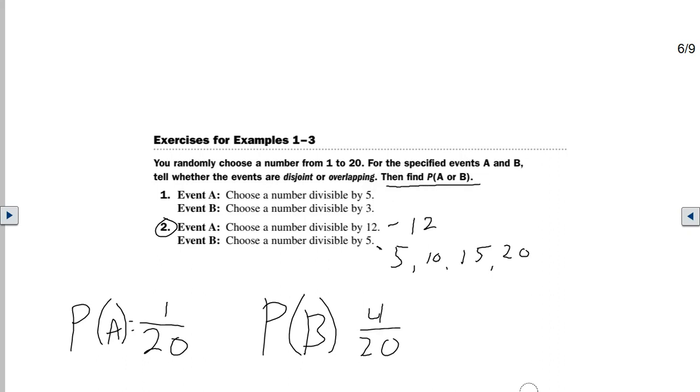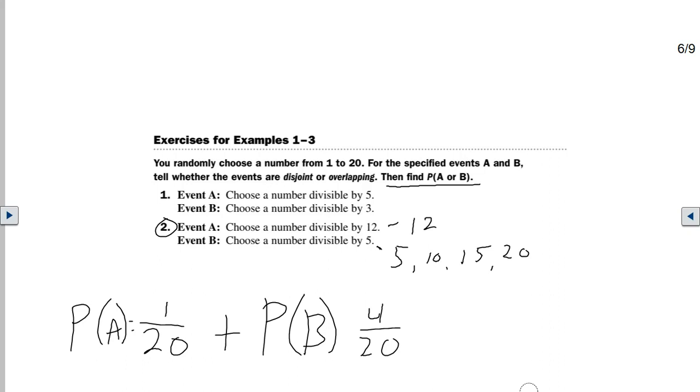Now what I want to do is find the probability of A or B. And if you think about it logically, I want to know what's the probability of picking one of those 5 numbers. Maybe I'm playing a game, and if I get one of those 5, I win the game, something like that. So there are 5 different things that fall into that category. And if I think about my two probabilities, what do I do with 1/20th and 4/20th to get 5/20ths? I simply add them.